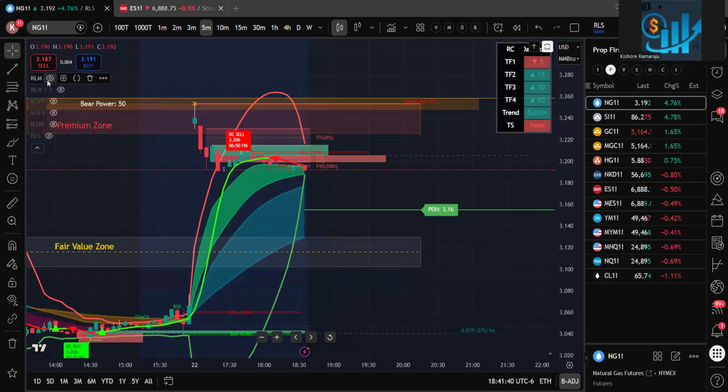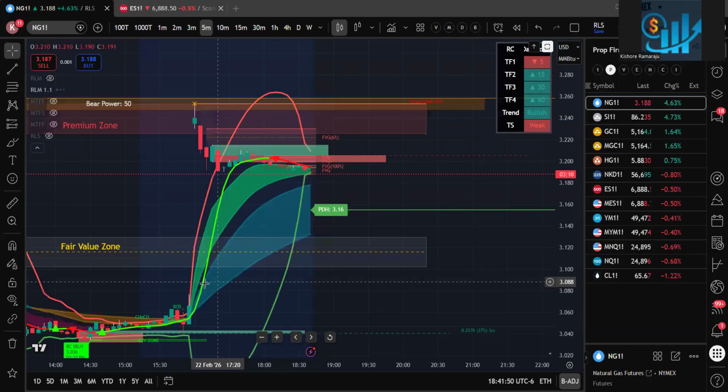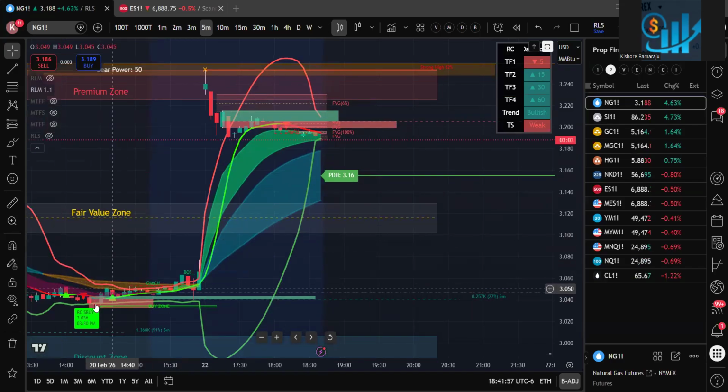So RLM 1.1 is where you hold the trades for a much longer duration. You can just take a micro and you can hold for nearly the entire day. If something is strong bullish, whenever you see a buy signal, you take it and you don't need to keep watching it. Whereas you got a strong buy, you just take a micro and you let it run throughout the day.